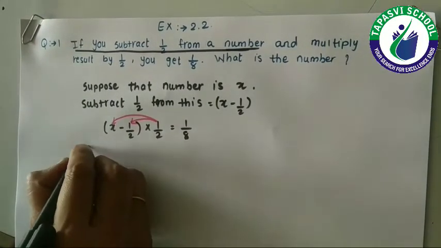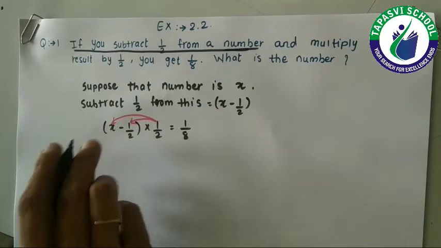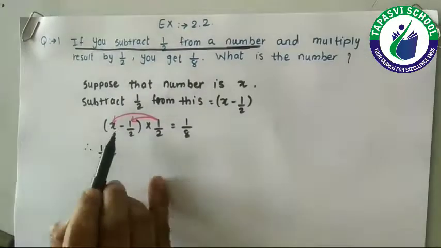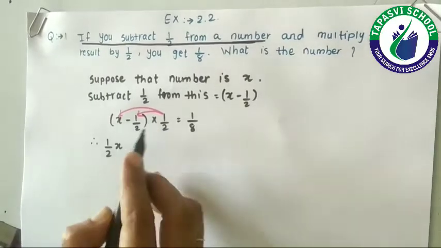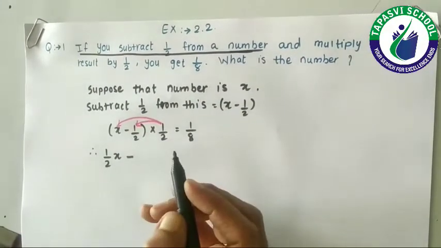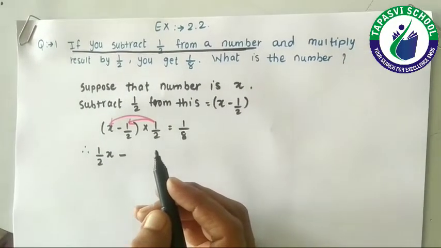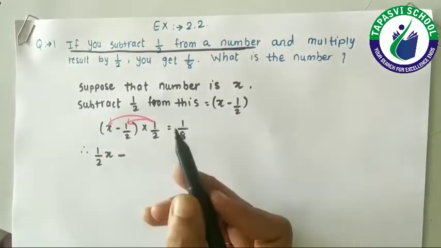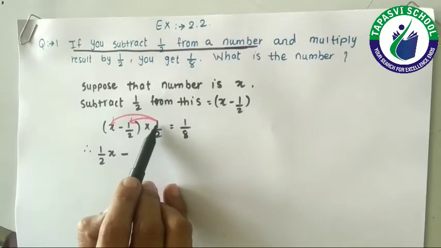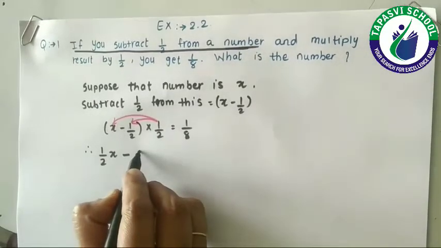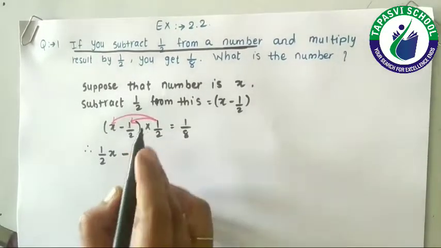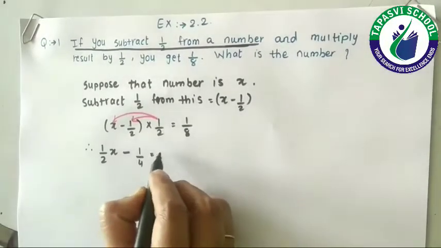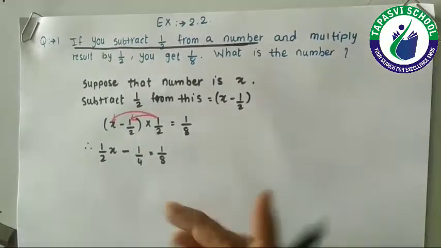So it will become 1 upon 2 into x, that will become 1 upon 2x. Now minus times plus is minus. Whenever we are multiplying the terms, we are supposed to multiply the signs also. So numerator multiplication, it will become 1. Denominator multiplication, it will become 4. Is equal to 1 upon 8.